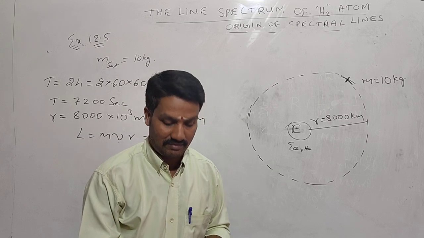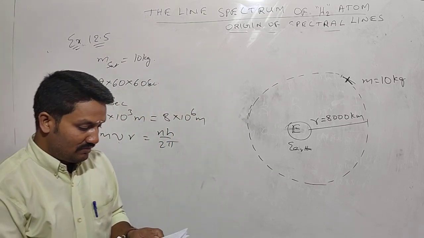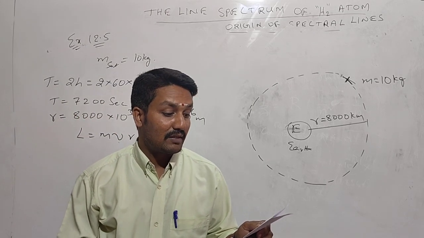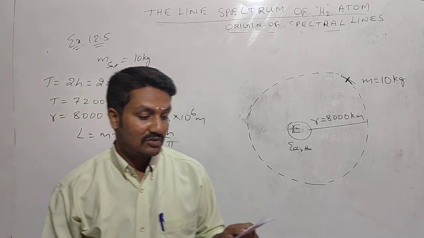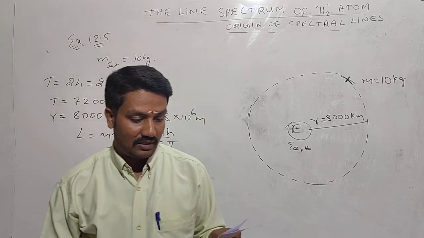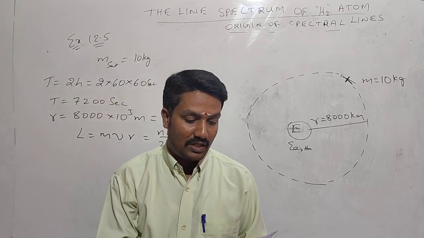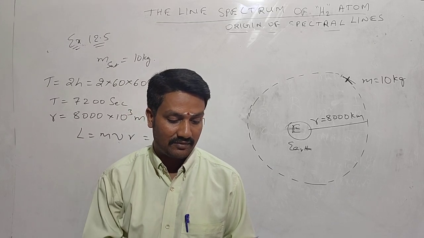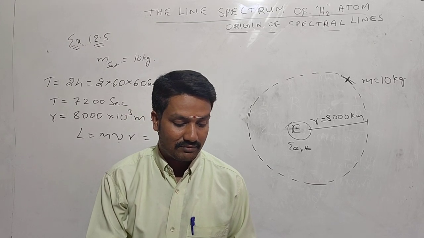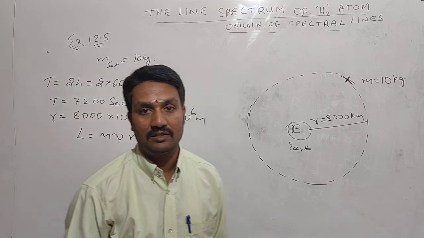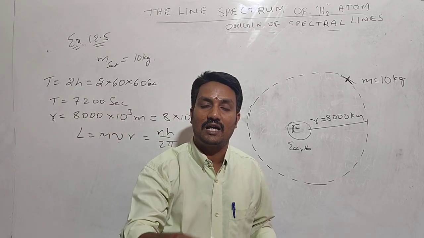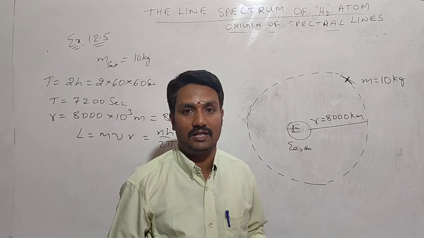Here it was given: assuming that the Bohr angular momentum postulate is applied to the satellite just as it does to an electron in the hydrogen atom, find the quantum number of the orbit of the satellite. Compare with the electron revolving around the nucleus in the hydrogen atom.